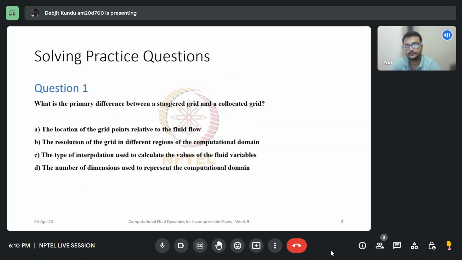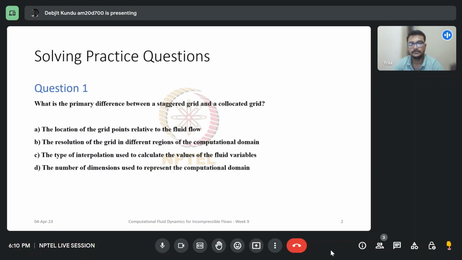So, this is the first question. What is the primary difference between a staggered grid and a collocated grid? In the lectures, we saw that there are two different kinds of grids, collocated grids and staggered grids. What is the primary difference between them? Is it option A, the location of the grid points relative to the fluid flow?